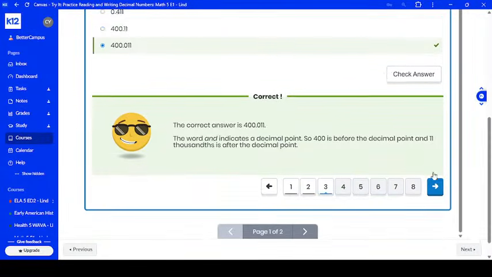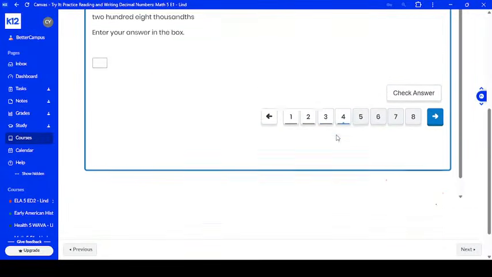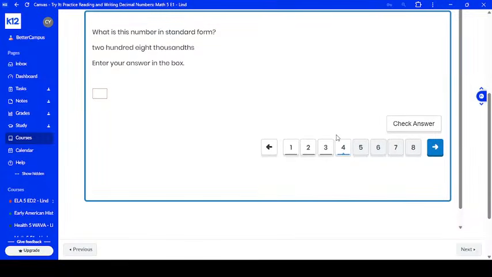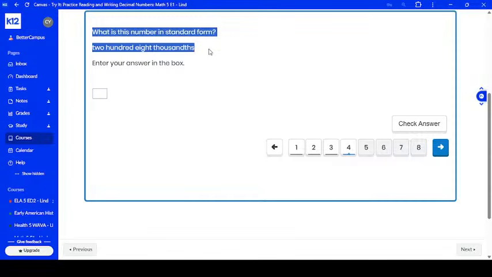Okay, you're actually doing nice. What is this number in standard form? 208 thousandths. Oh, hold up.